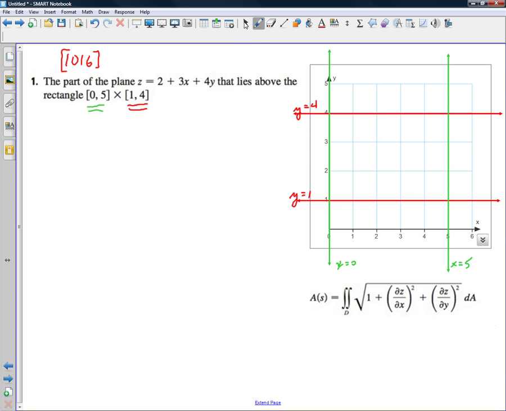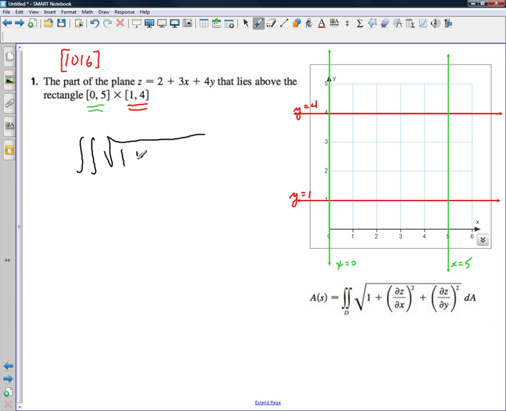And then we're going to write the double integral. We'll hold off on the limits for the moment. We'll write the square root of, for our integrand, and it'll start with a 1. And then the derivative of z with respect to x, it seems to me that's just going to be 3, because the other two terms will drop away because they're all constant.